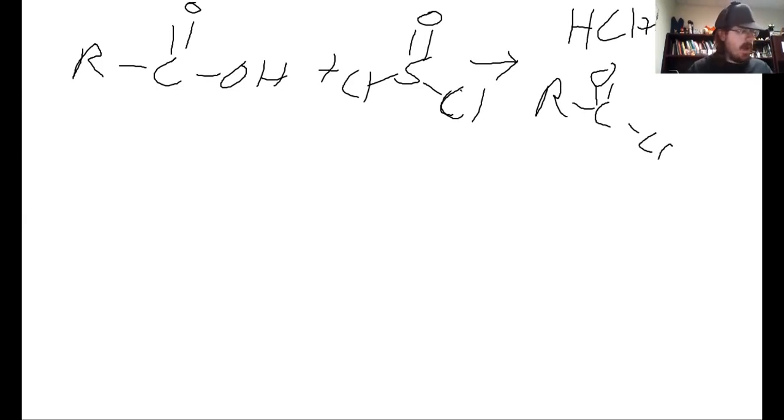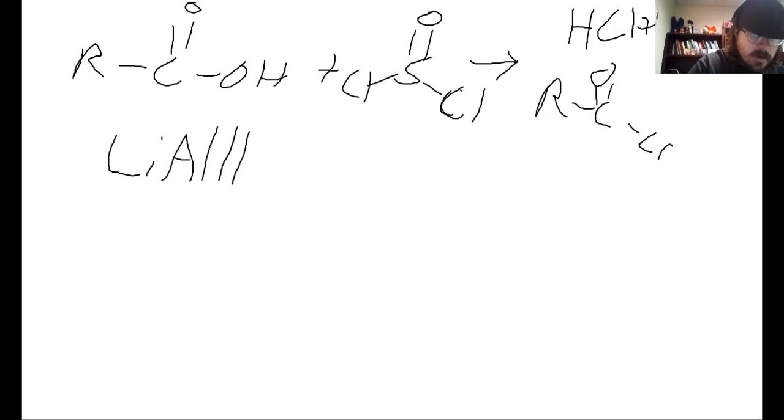We can add in a weaker source of hydride transfer. So instead of lithium aluminum hydride, which has 4 hydrides it can kick off, we can use this, which we maybe discussed in the past. Lithium aluminum, there's a hydride, but the other 3 places have a butoxide.